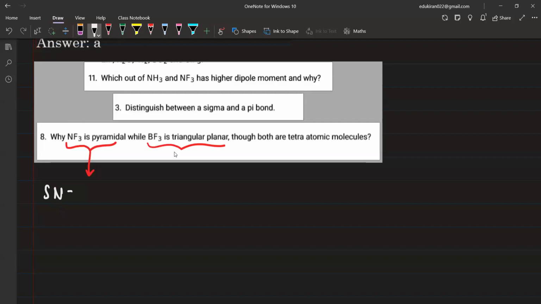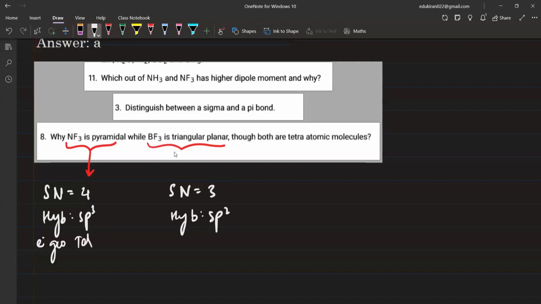So the steric number is equal to 4 in this case, and 3 in this case. Why 4? Because it also has a lone pair of electrons. So the hybridization here is sp3, and here the hybridization is sp2. If the hybridization is sp3, the electronic geometry is tetrahedral, and here the electronic geometry is trigonal planar.